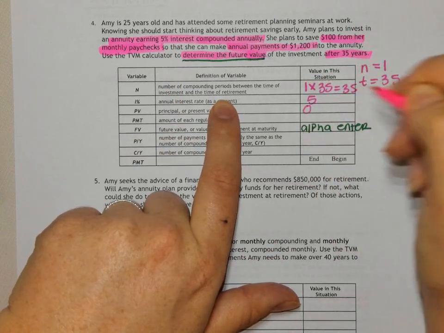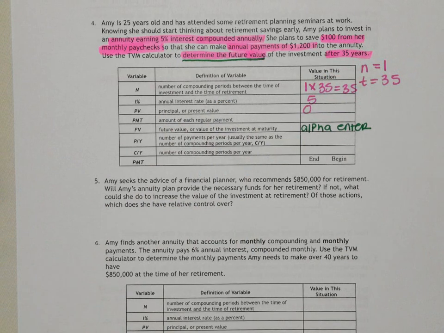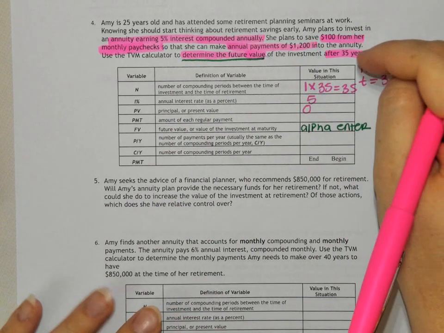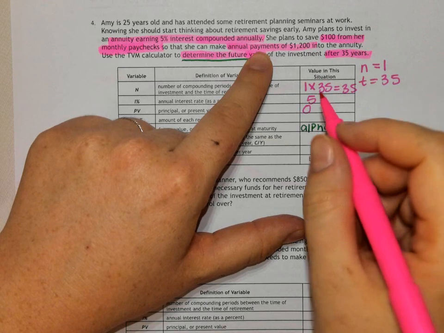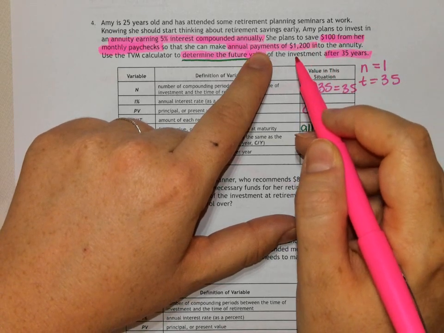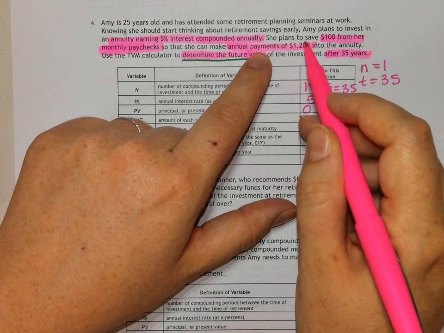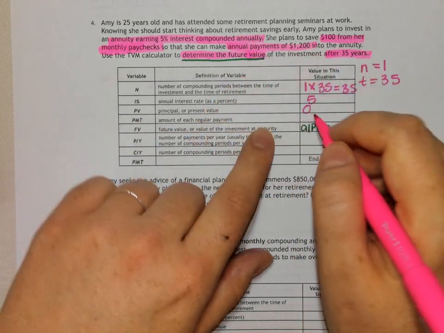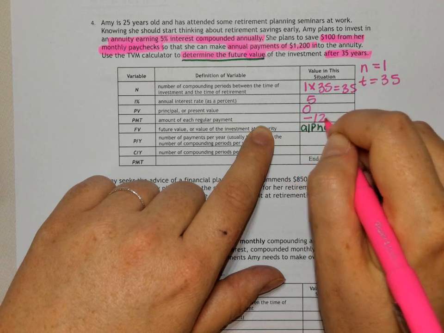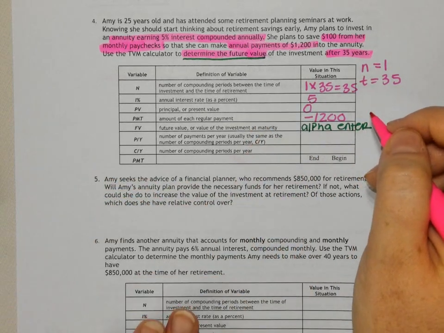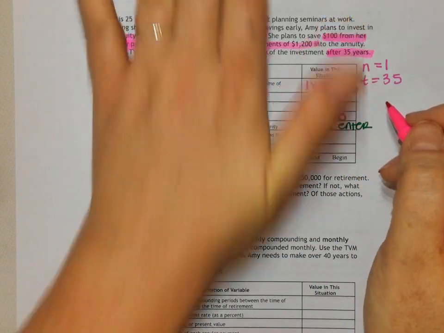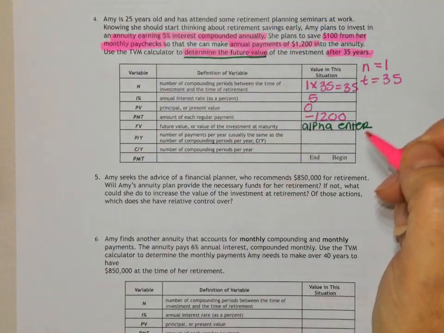PV, we don't have any initial deposits. We're just making regular payments. And so even though she's saving monthly, she's depositing annually. So this is the amount of her PMT. And then remember to make that number negative, because that is what you are putting away right now. So you're giving that money away in order to get it back later.